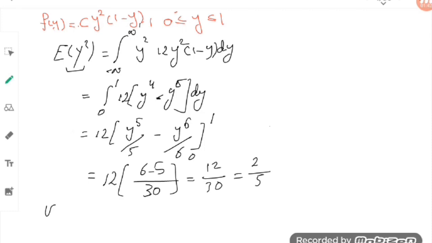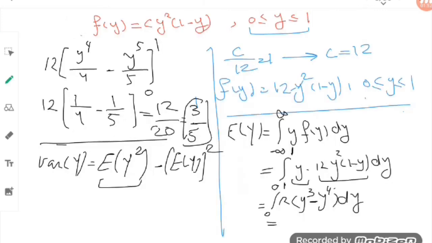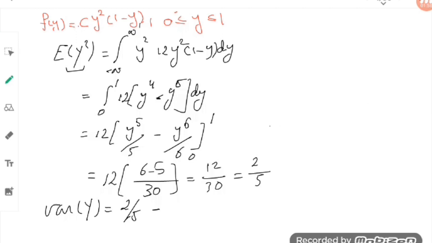Then the variance of y will be this expectation minus the square of the expected value. Here we found the expected value as 3/5. Then this will be 3/5 all to the power 2.